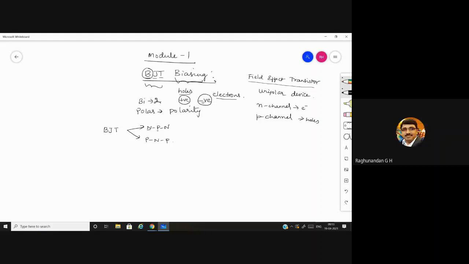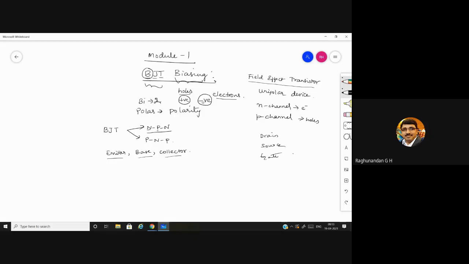In FET, I'm telling, gate, source, and drain. Right. But here in BJT, we have emitter, base, collector. So we have these three terminals in BJT, bipolar junction transistor.